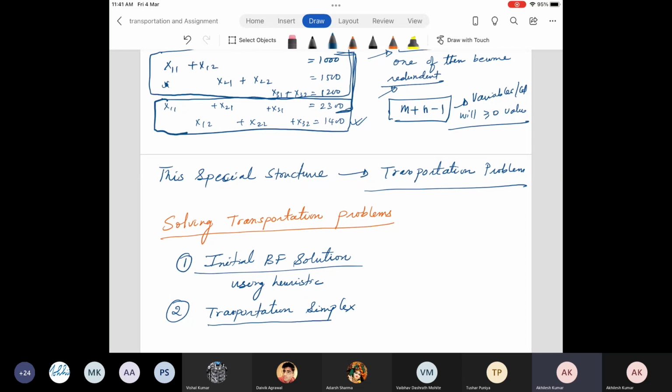I will explain how it is simplex later. For the heuristic, we have three heuristics which we can use. First one is called the northwest corner method.